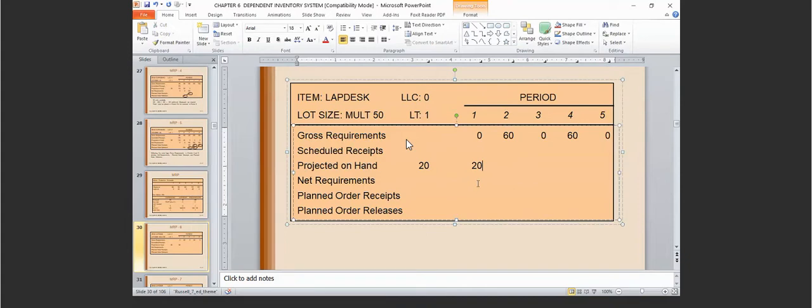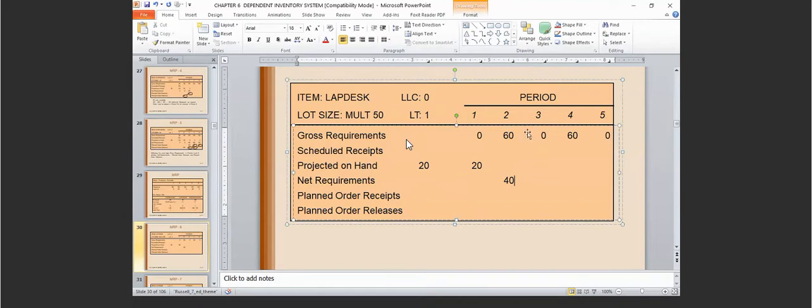So there will be a net requirement of 40 unit. So we need more lab desk of 40 unit to support the gross requirement in period 2 of 60 unit.